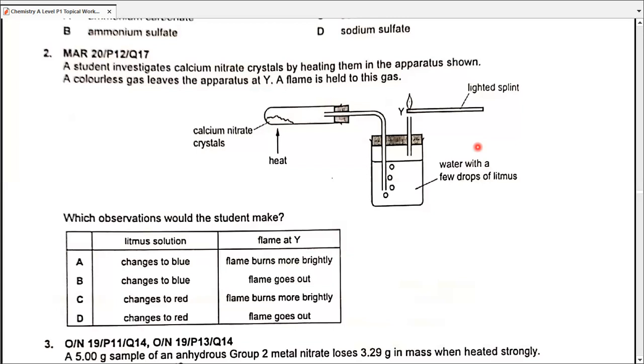So the litmus color changes to red. Make sense? However, some oxygen will rise up, and hence the lighted splint flame burns more brightly. Okay, good.